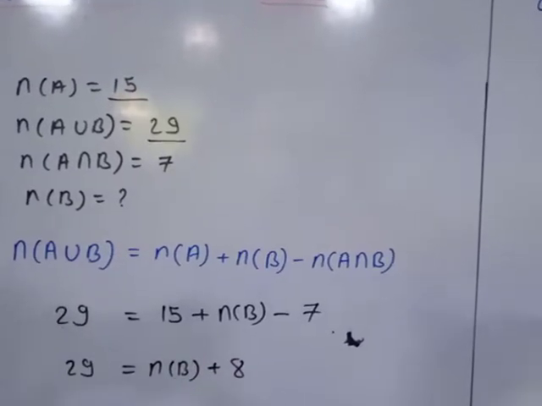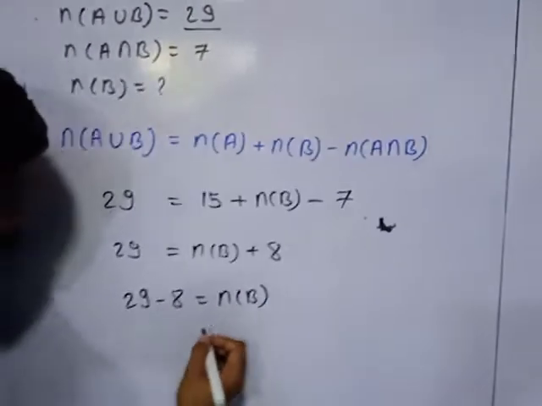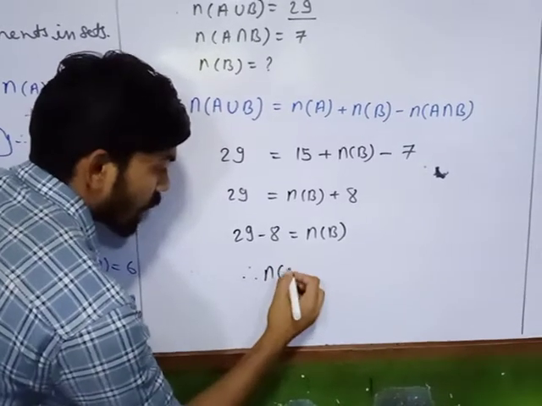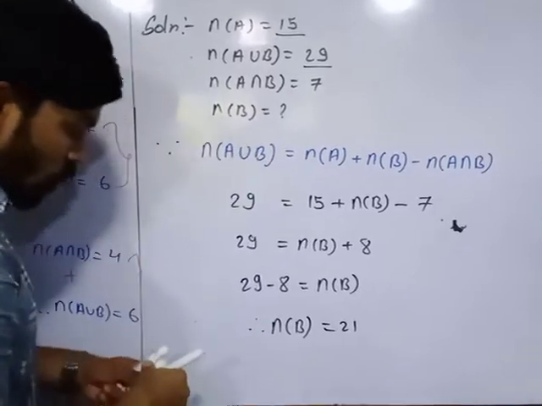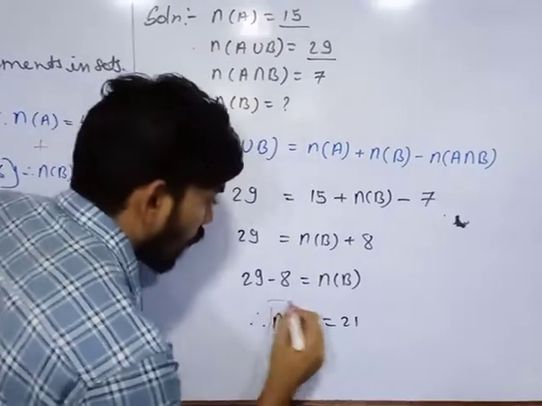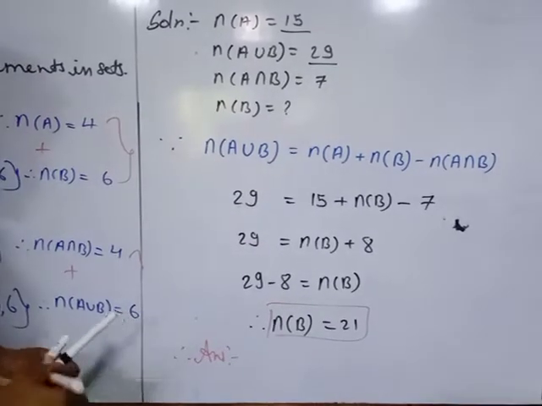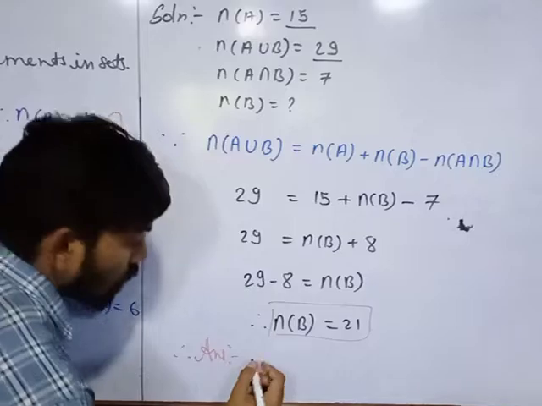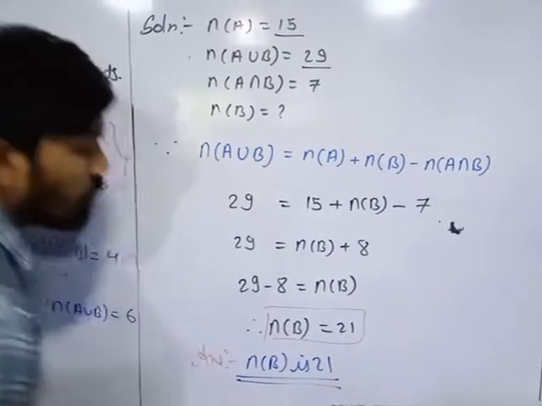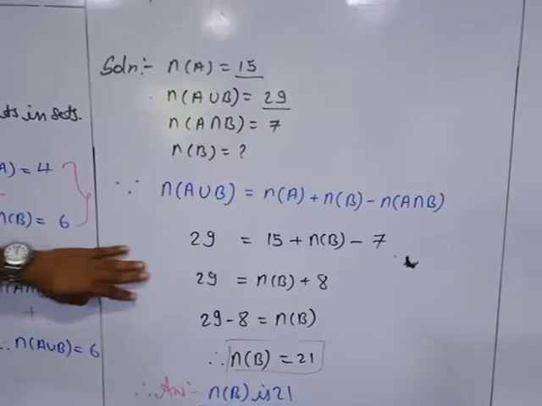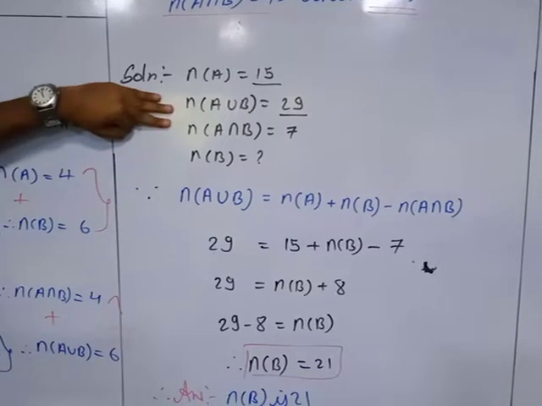This 8 will come to this side. So 29 minus 8 is equal to n(B). Therefore, n(B) is equal to 29 minus 8, which is 21. That is our answer: n(B) is 21. This way we can find the fourth one out of 4 if we have the 3 values.